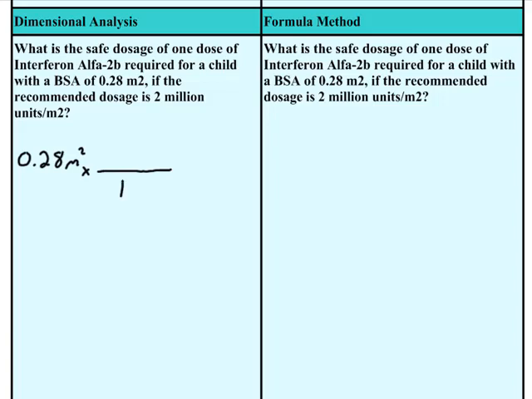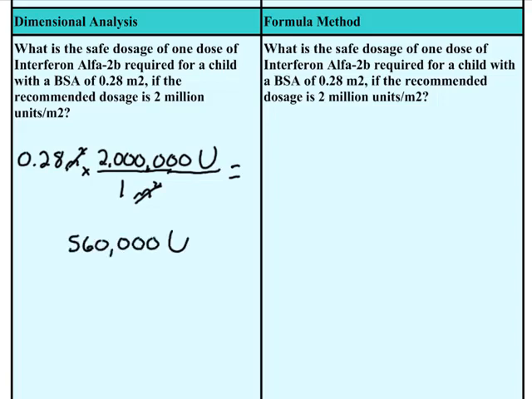We want to put the meter squared at the bottom. That way our meters squared cancel out, and we'll put 2 million units up top so that our resulting answer will be in units. Now we just need to multiply 0.28 times 2 million units divided by 1, and we find we need to give 560,000 units to our patient.